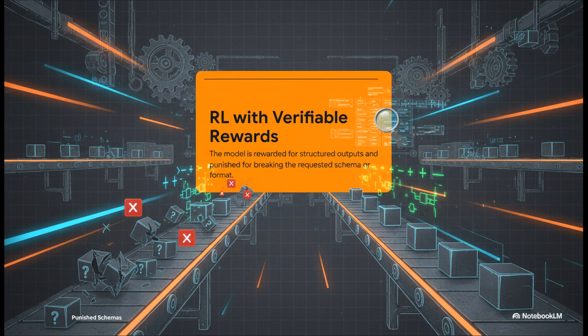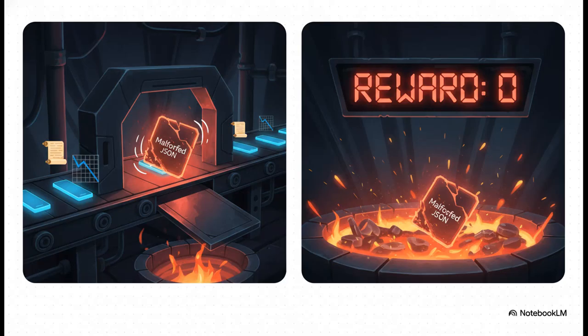It's not just about teaching the model to read text, it's about teaching it to obey the rules and respect the data format you ask for. The logic is actually dead simple. You ask the model for JSON. If it spits out anything that's malformed, a missing bracket, a broken schema, it gets punished, a reward of 0. It learns, through millions and millions of tries, that breaking the rules is not an option.